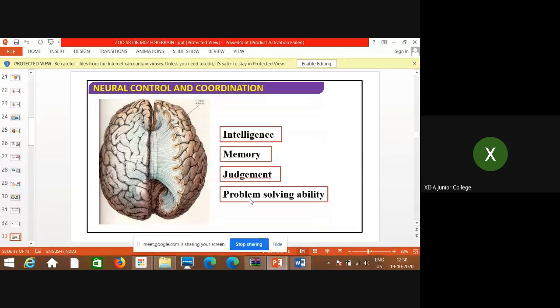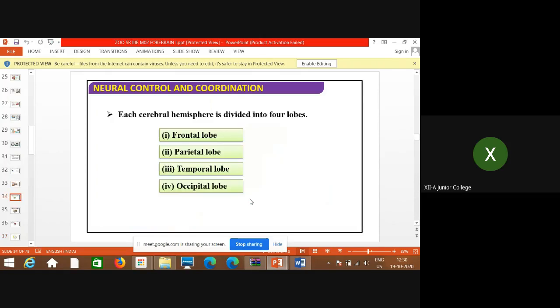Now, what is the role? Step by step, we'll discuss. Intelligence, memory, judgment, and problem solving ability. These are very, very important roles. The cerebrum, which covers the maximum part of the total area of the brain, is associated with intelligence, memory, judgment, and problem solving ability.